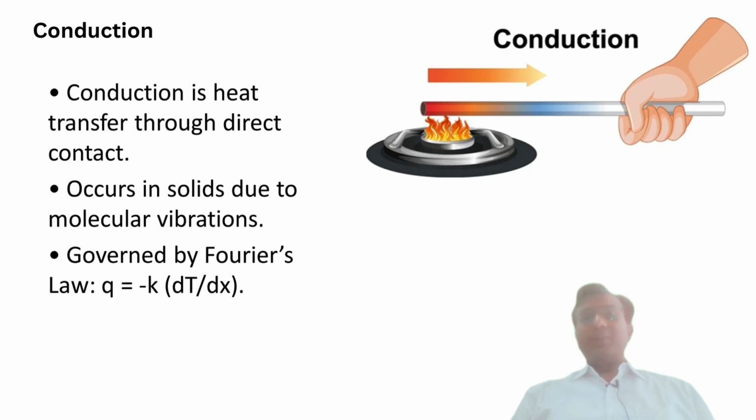In daily life, you experience conduction when you feel the warmth of a heated seat or the chill of an ice cube. Over the next slide, we will look at real-world examples to solidify this concept and see how conduction shapes our environment.